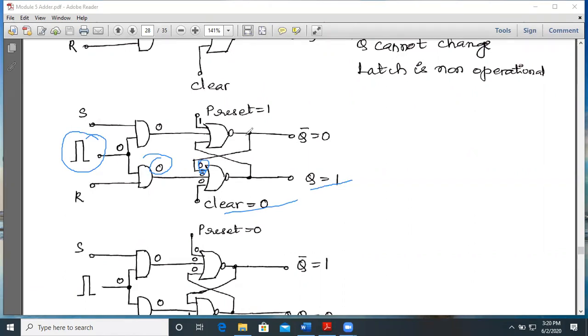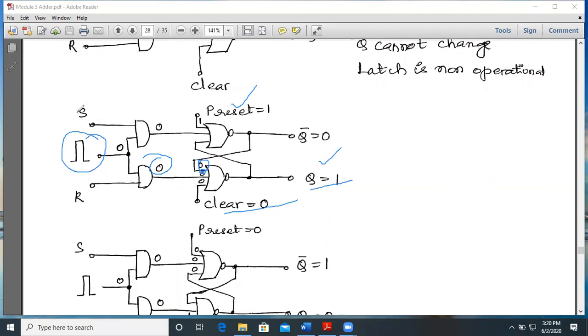That means we are presetting our flip-flop. This is what happens when preset is made equal to 1. So we are getting Q as 1. Preset means we are getting the set state for the flip-flop. That is how we can do the analysis.